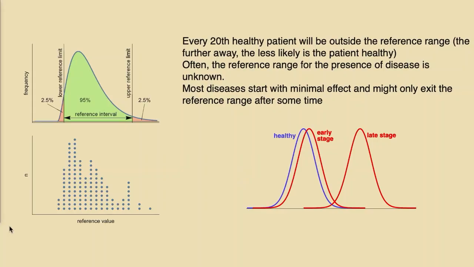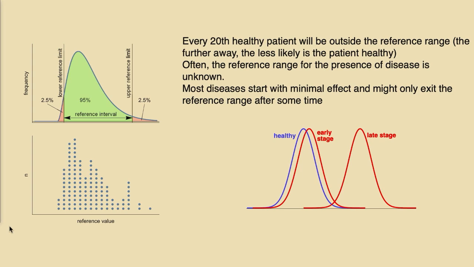If you look at this very basic sketch here, if this is the distribution of values you would expect from a healthy person, then in the early stage, the distribution of values we would expect doesn't differ much from the healthy stage. There's a huge overlap, and the early stage person might give you a value somewhere here, and this is still in the reference range collected from healthy people.